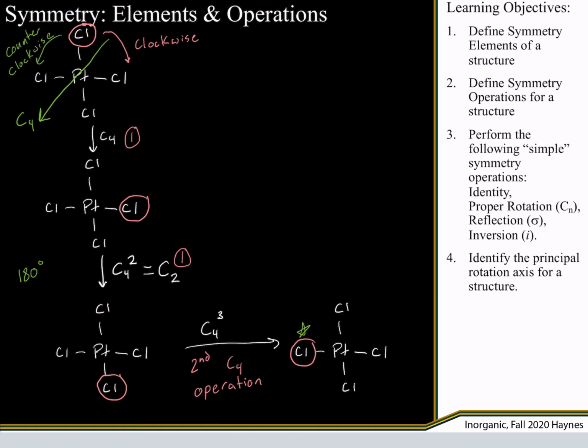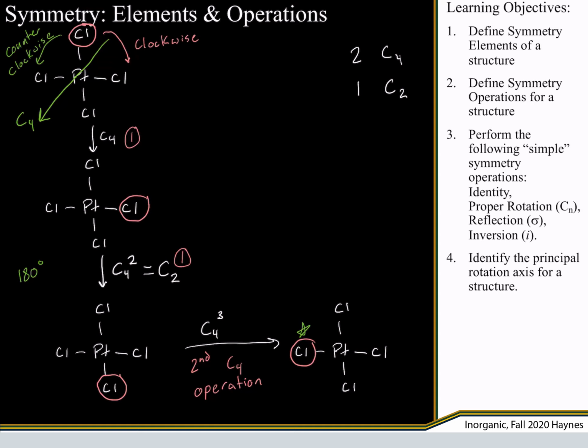Where the chlorine is on the left-hand side. And so far, if we're keeping a list of all of our symmetry operations that we've described for this molecule, we would have 2 different C4s so far, and 1 C2, right? And these are proper rotations that we've described. So we want to keep a running list here for this molecule.